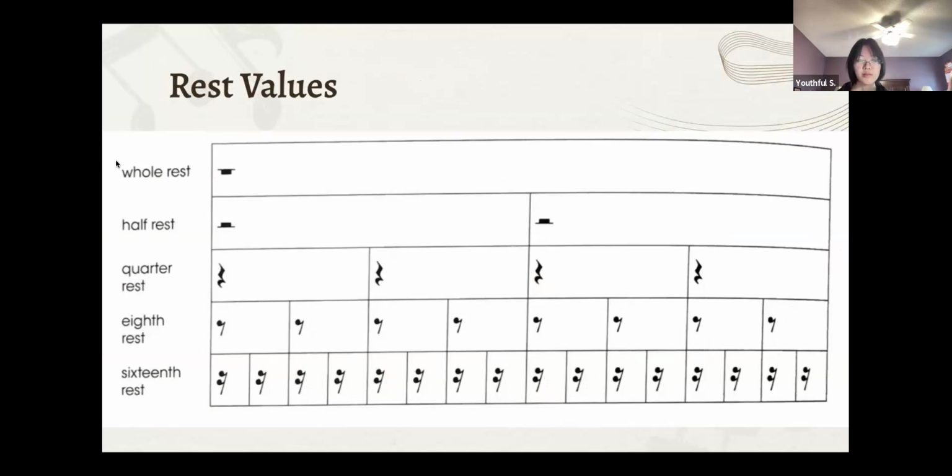The main thing to note is when you're drawing a whole rest or a half rest on the staff, you want to draw the whole rest underneath the second line, and the half rest on top of the middle line. Make sure they're in the space where, if this were the treble clef, C is.